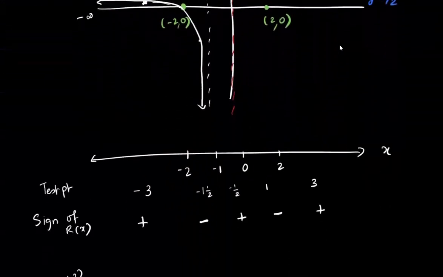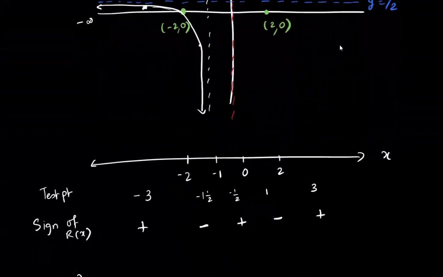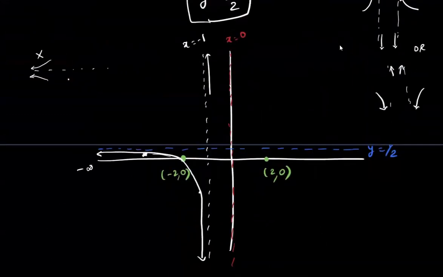Then it goes to negative. Where does it go to negative? It goes to negative in the interval 0 to 2. So 0 to 2 is here, right? So here the graph is negative, correct? But remember, the graph cannot cross this asymptote. It cannot. So what does the graph do?